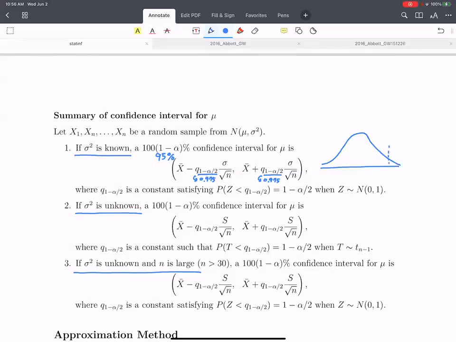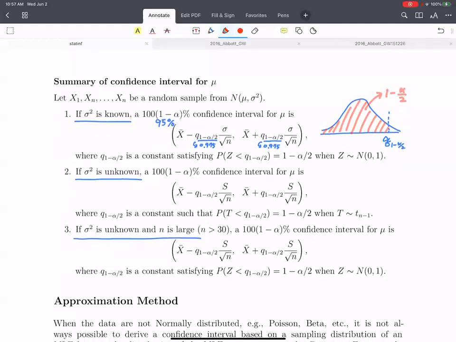For example, if this is defined as q sub 1 minus alpha over 2, that means that this area, the area under the PDF on the range less than q sub 1 minus alpha over 2, is 1 minus alpha over 2. So that is the definition of quantile. But if it is 95%, this quantile becomes 1.96.